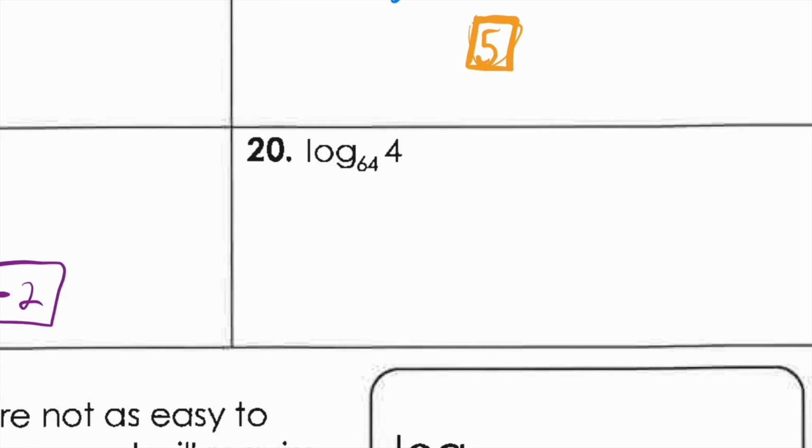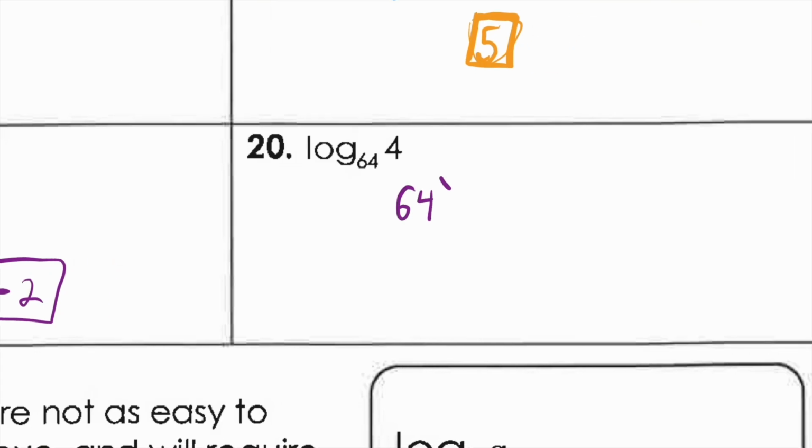On 20, 64 to the power of x equals, not x, but equals 4. This would be equal to x previously. And this is odd because normally the bigger number is on the right, because when we do exponents, normally we get a bigger number. But here we get a smaller number, and that's because it's a root of some sort. And remember, roots are exponents. And so we say, what root of 64 gets us 4?